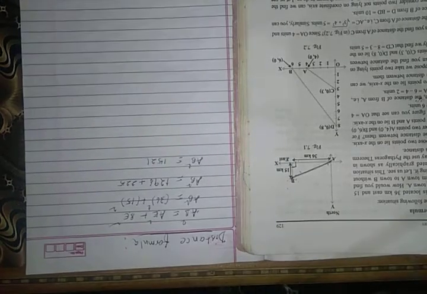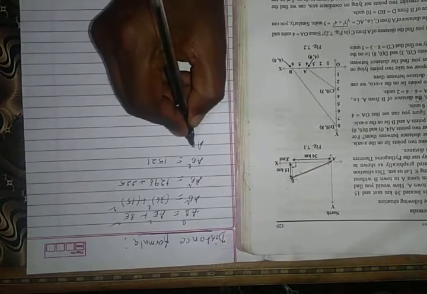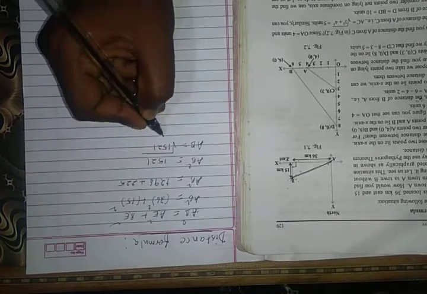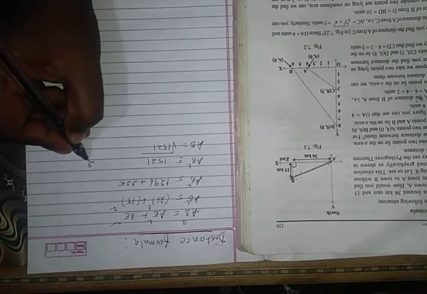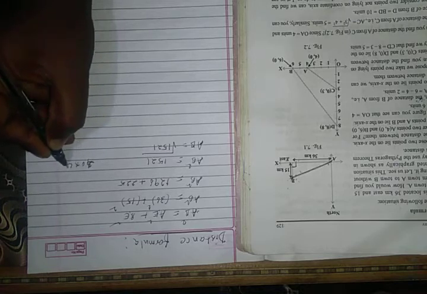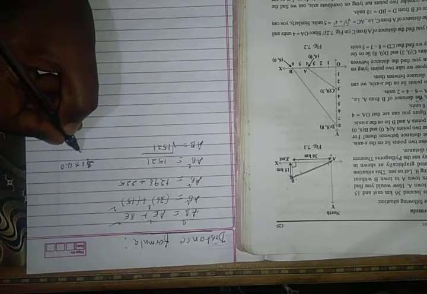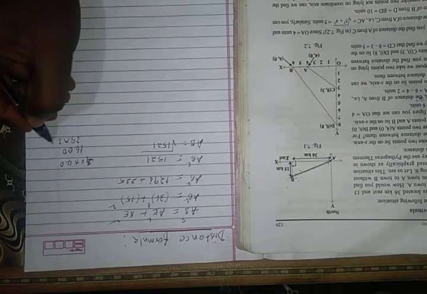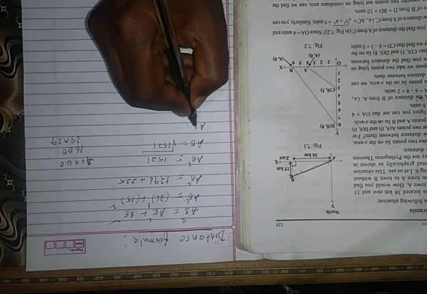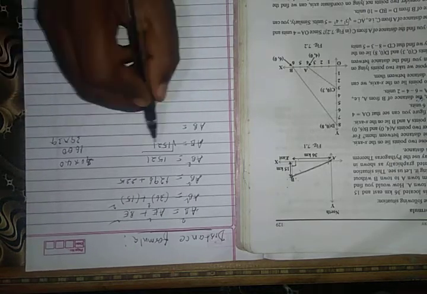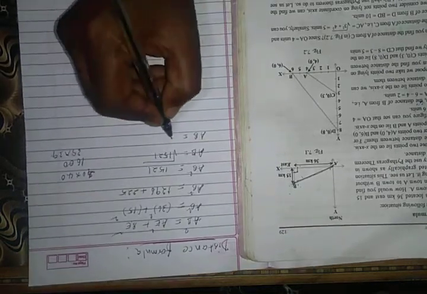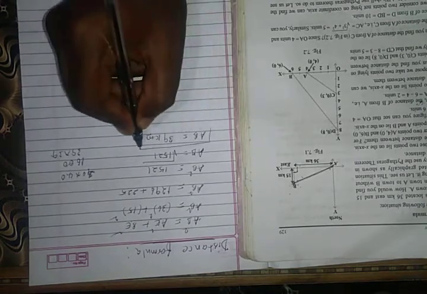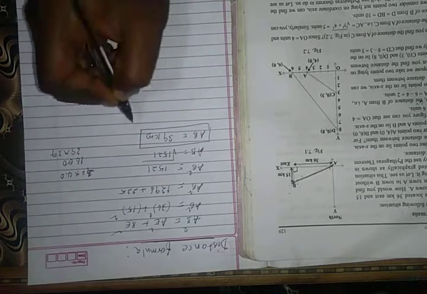Then AB is equal to the square root of 1521. We know 40 into 40 is 1600, and 39 into 39 is 1521. So AB is 39 kilometers. The distance between the cities A and B is 39 kilometers.